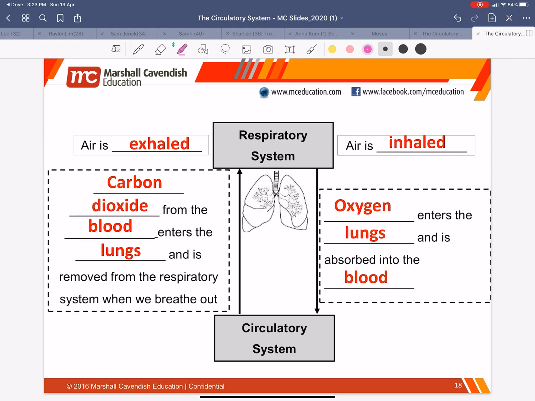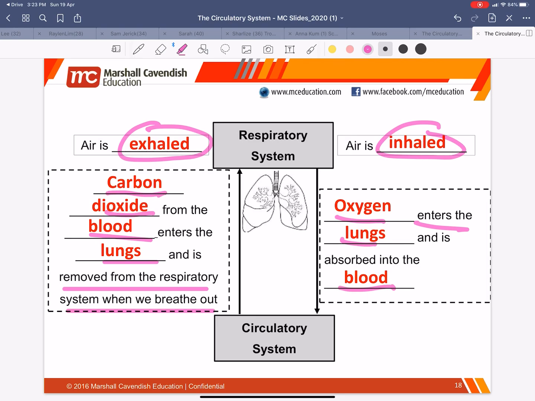When air is exhaled, carbon dioxide from the blood will enter back into the lungs, and then it is removed from the respiratory system when we breathe out or when we exhale. When air is inhaled, oxygen will enter the lungs and it's then absorbed into the blood. Okay?